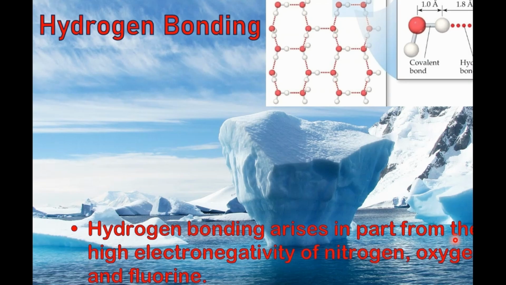An interesting thing with hydrogen bonding is here we have ice, and these water molecules are locked into place. We have solid water, and nature being what it is makes these holes, and that makes ice less dense than water, so it floats.